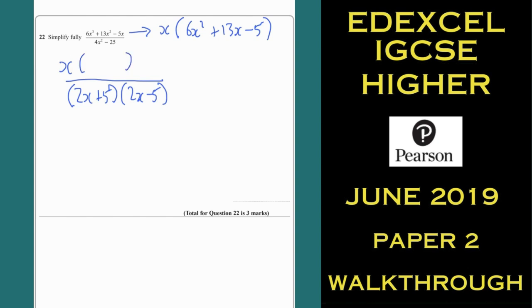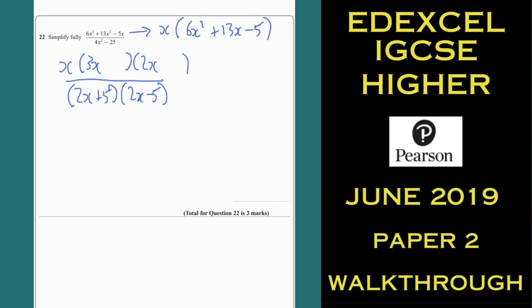On the bottom, you get a clue. That means one of these brackets is going to cancel out. One of these brackets on top is going to be 2x plus 5 or 2x minus 5. So it does narrow down that this is going to be the case. It can't be 6x and 1x because nothing will cancel.